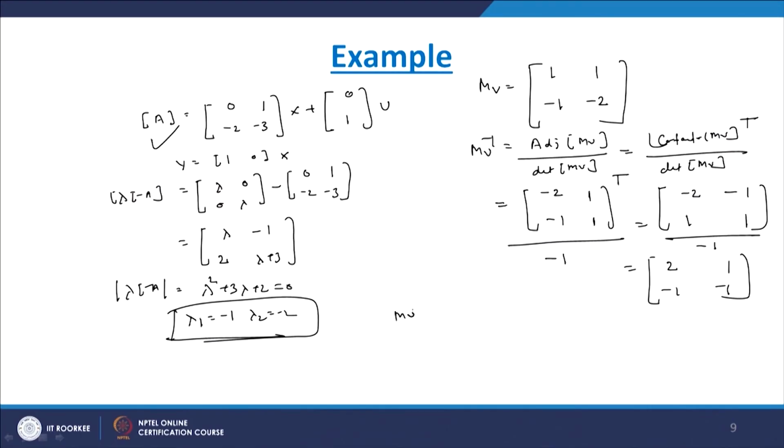Now, the next step, what do we want? We want MV inverse A MV. So, what is MV inverse? It is 2, 1, minus 1, minus 1.